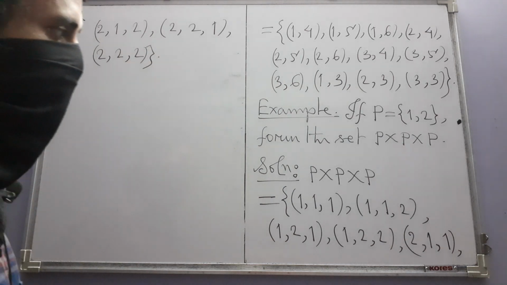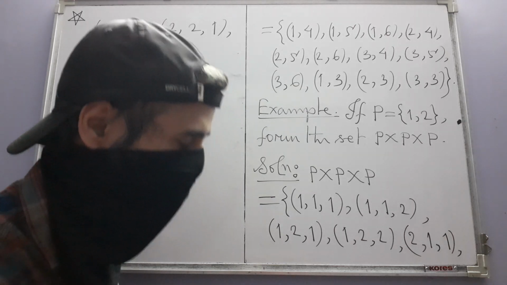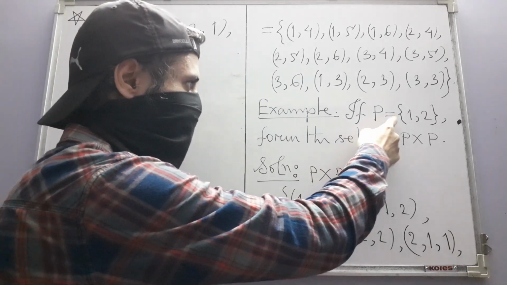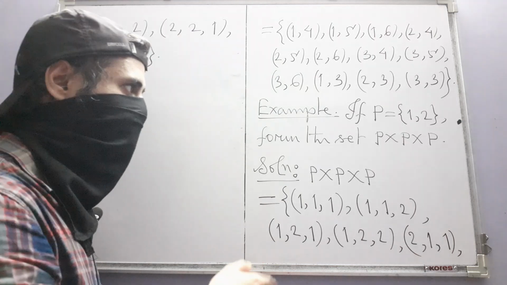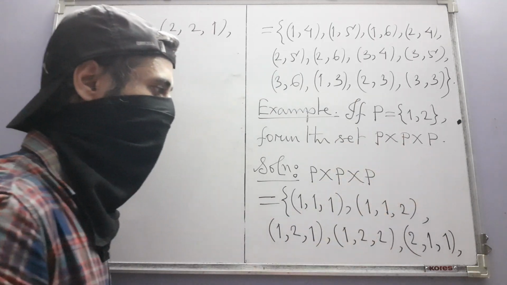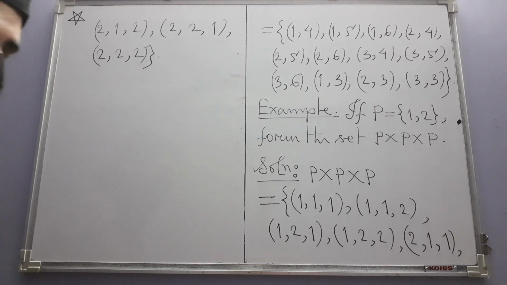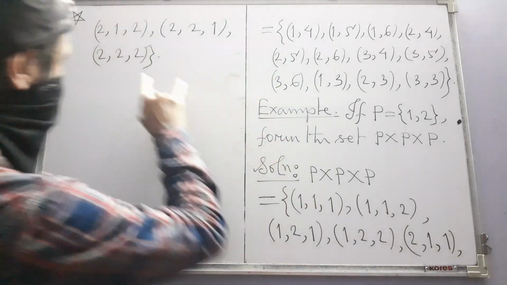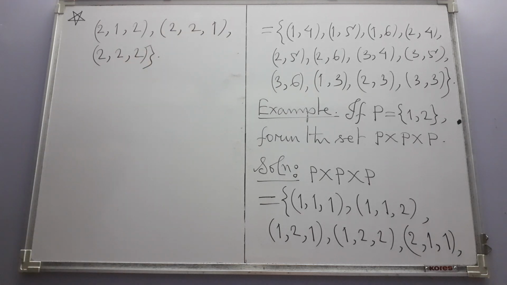Here also a similar remark can be made about the number of elements. You see, P has 2 elements, so P times P times P should have 2 times 2 times 2, that is 8 elements. Yes, that is true. 1, 2, 3, 4, 5, 6, 7, 8.